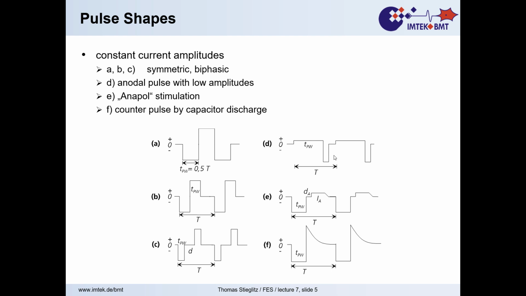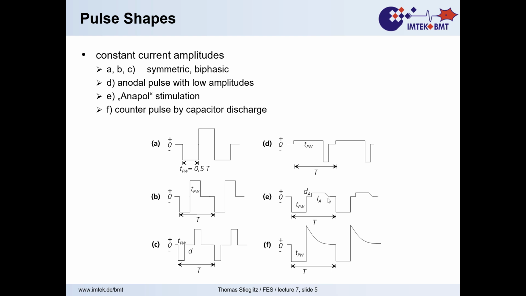Or you see that by having a sharp pulse, you might come into anodic break excitation, that by switching off the current pulse you get an excitation under the counter electrode, and for that reason you might slowly decrease the anodic pulse here.